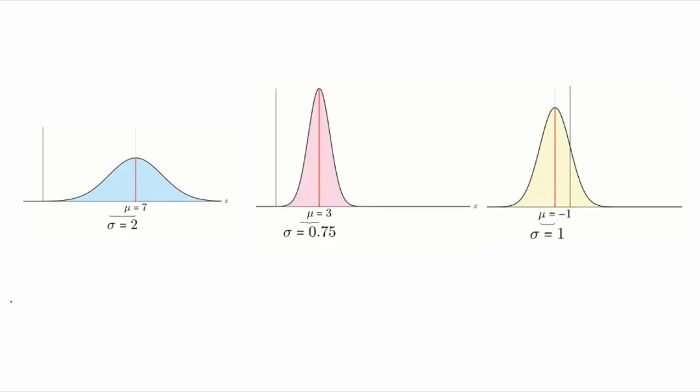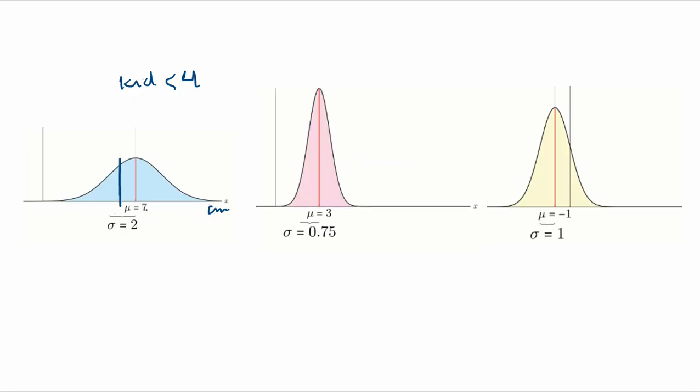So how can we calculate the probabilities of curves that are not the standard normal? Let's say I have this normal here. It's not a standard normal, but I want to calculate the area under the curve. Let's say this is the height of kids less than 4, in tenths of a centimeter.